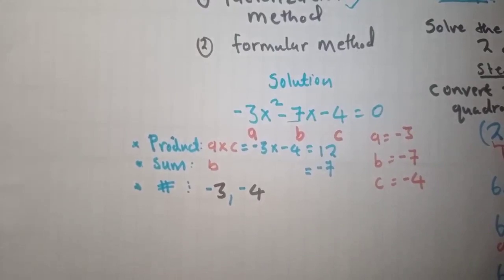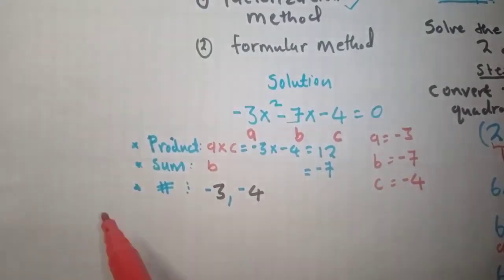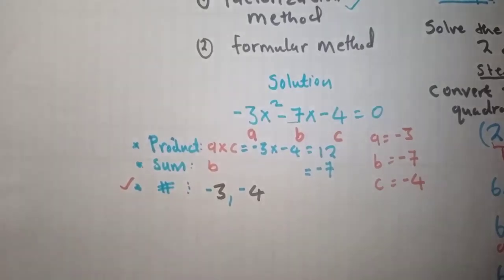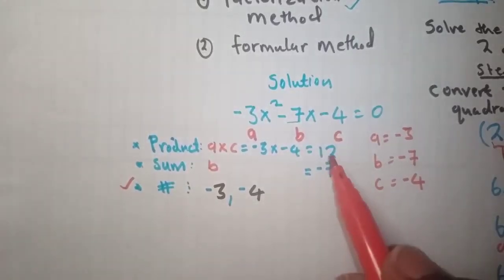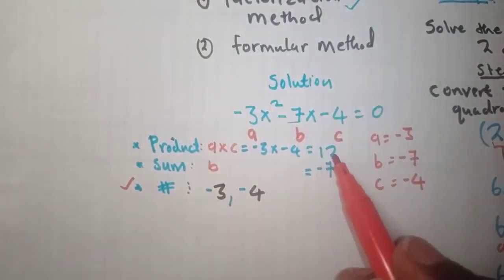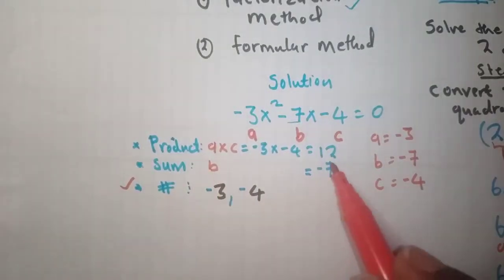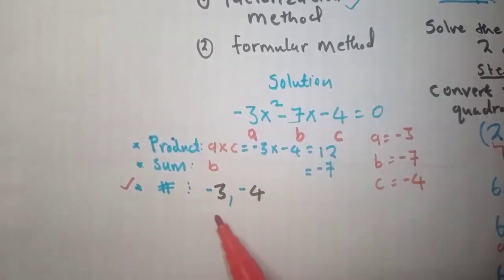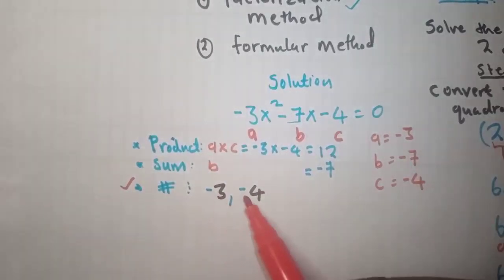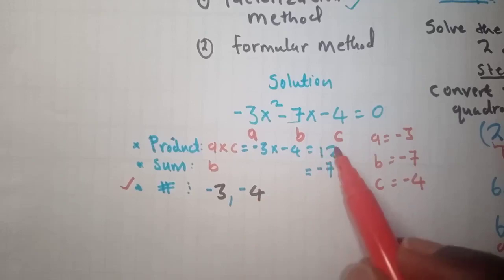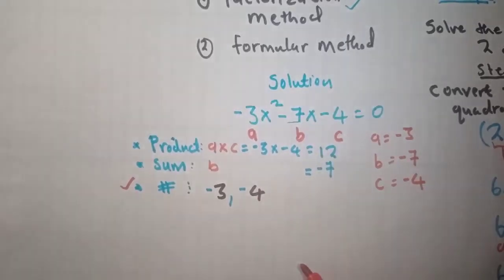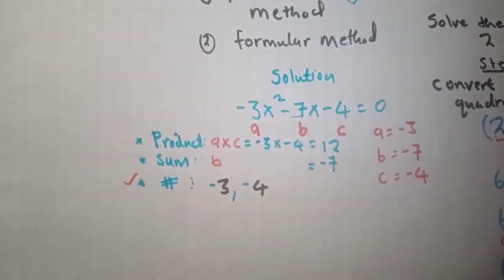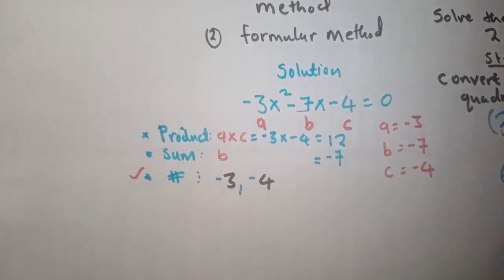The tricky part about the factorization method is here, where you're supposed to find your two numbers: when you multiply them, they should give you your product, and when you add them, they should give you your sum. Negative 3 times negative 4 is positive 12, and negative 3 plus negative 4 is negative 7. So these are our two numbers.